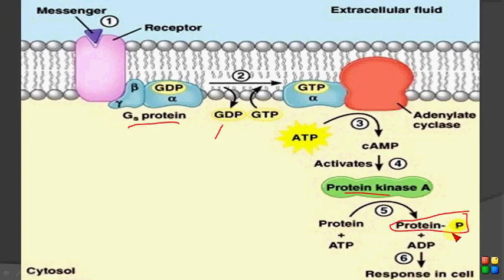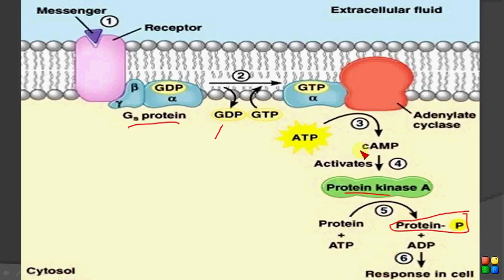So that was all about the cyclic cAMP pathway. First, the hormone binds at the receptor, and it activates the GS protein, and the alpha subunit of the GS protein releases GDP, binds to GTP, and goes to the adenylyl cyclase enzyme, which converts ATP into cyclic cAMP. This cyclic cAMP activates protein kinase A, which promotes the phosphorylation of different proteins and enzymes in the cell, which produce the cellular response.